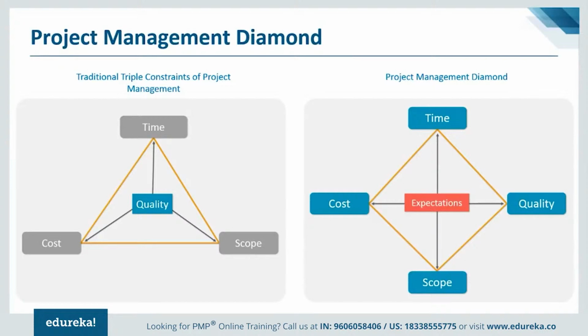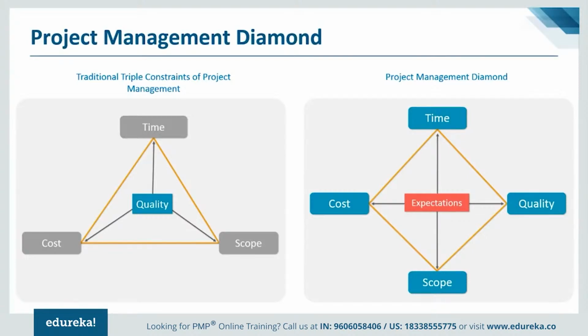Now, what is a constraint? A constraint is nothing but if you change one thing, at least one other thing will get affected. So for example, time. As we saw just now, a project has a fixed start date and a fixed end date, so there is some duration through which we execute that project. But what if the duration gets affected? If the duration is reduced suddenly, what will happen?